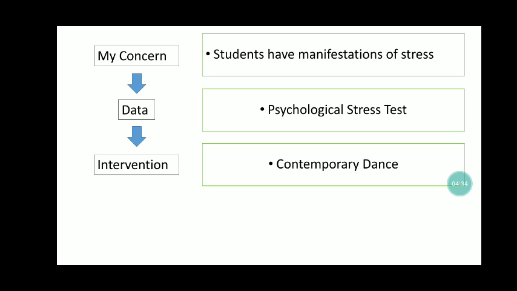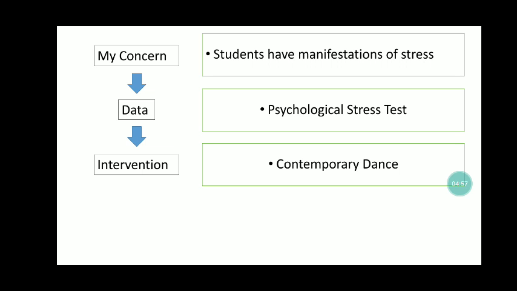Let us presume that I have found an intervention, and that is contemporary dancing, which I think is applicable, convenient, and practical for my students. I say practical and applicable because my students can dance. All of them can dance.